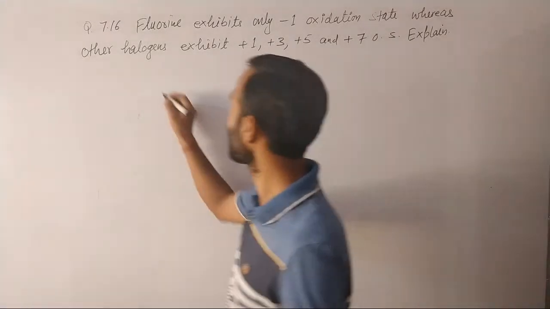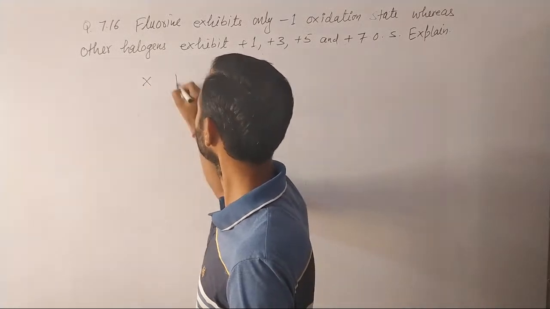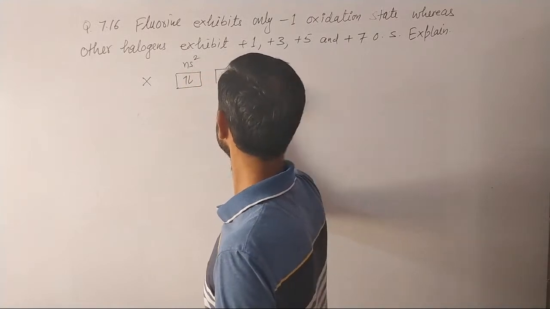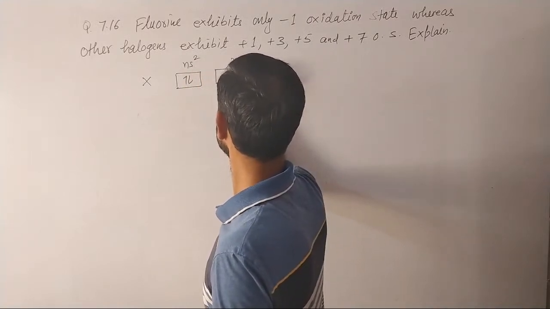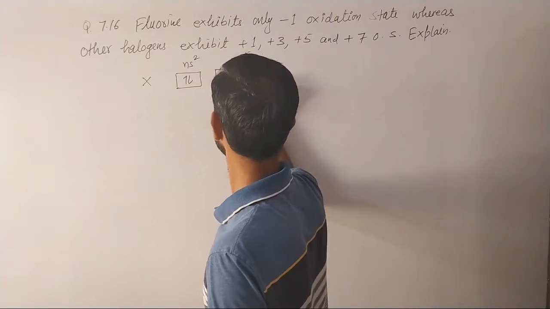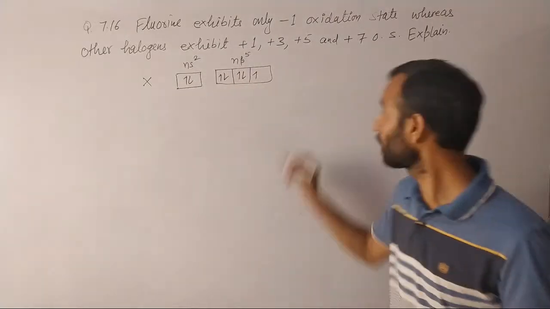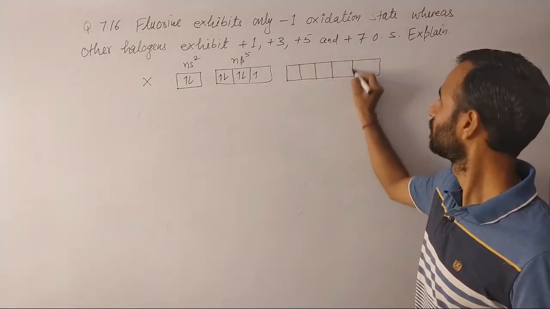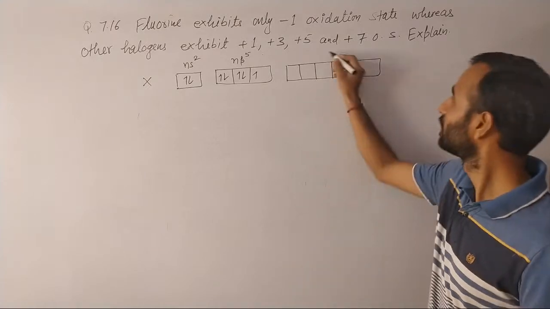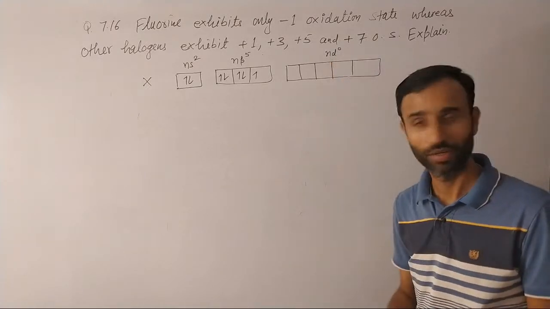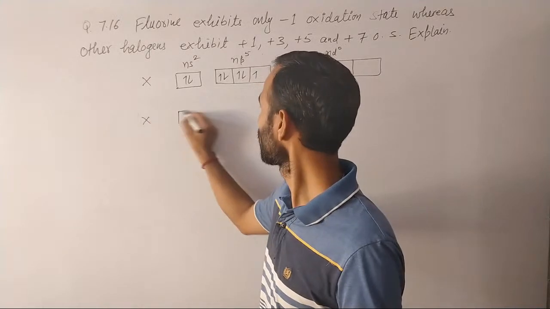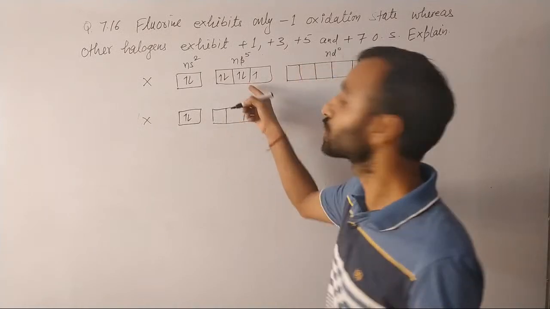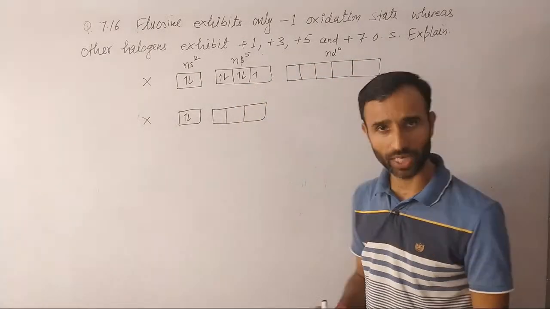Other halogens have vacant d orbital, means they are ns2, np5, and nd0.